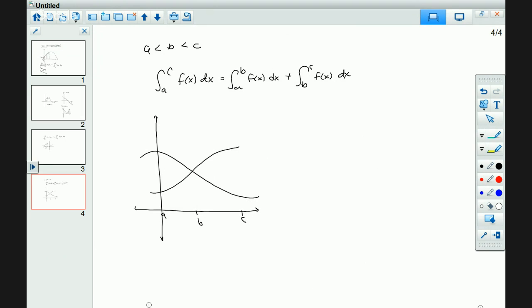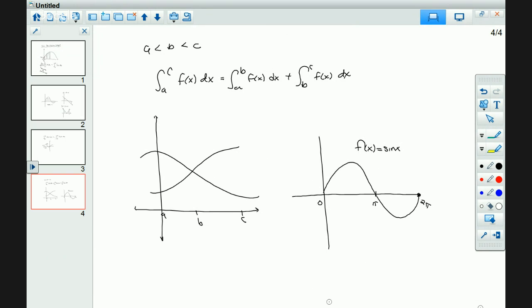So that would be like, if it went positive, negative, and positive. Let's say, that's automatically going to work. The sine function is probably the best example of that. What's the area? 0.